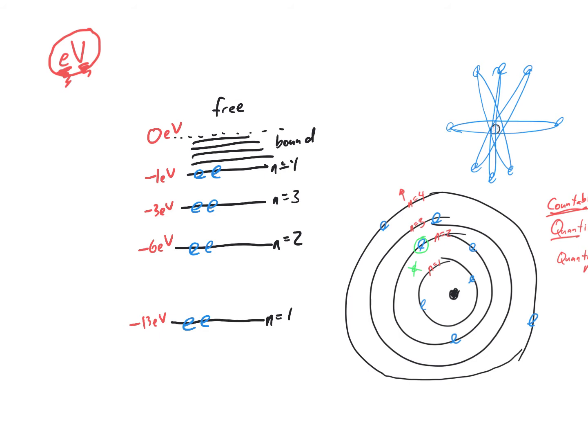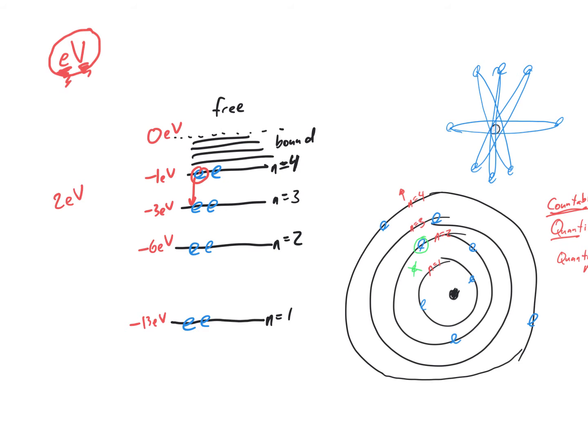What does this have to do with light? I thought this whole thing was supposed to be about what light is emitted. Well, if an electron jumps from one level to another, more specifically falls from one level to another, it's going to lose energy. And that lost energy is sent off to the environment. So my 4 to 3 drop is a drop of 2 eV.